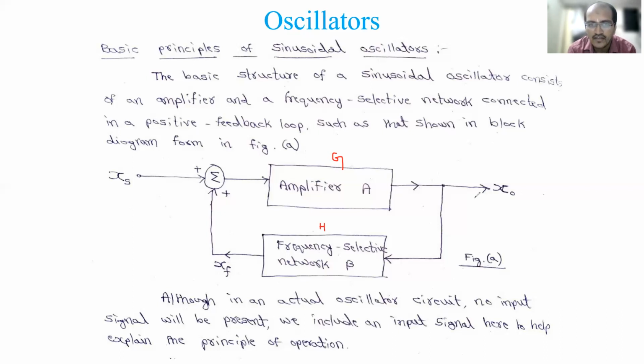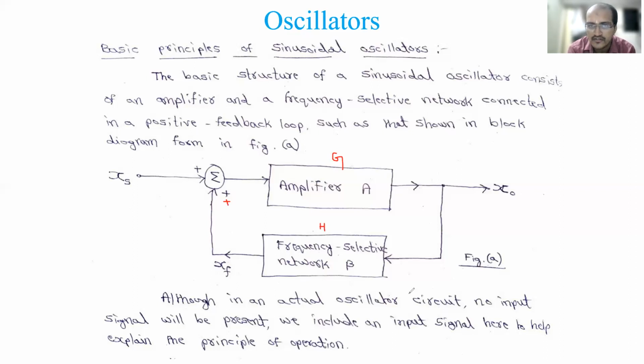The overall gain of this block diagram is x naught by xs, the same formula G by 1 plus GH. Here the minus sign used to be there in control system, but for an oscillator we are using positive feedback, that's why the denominator will have a minus. That is the only difference.